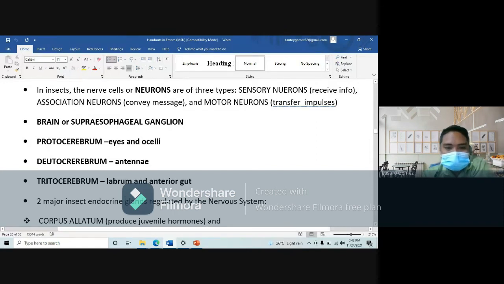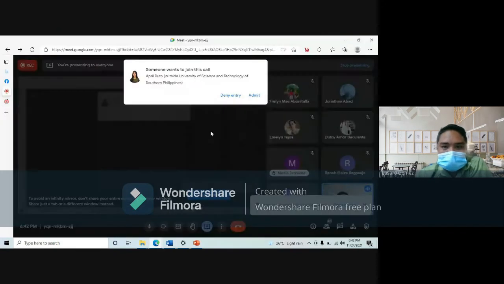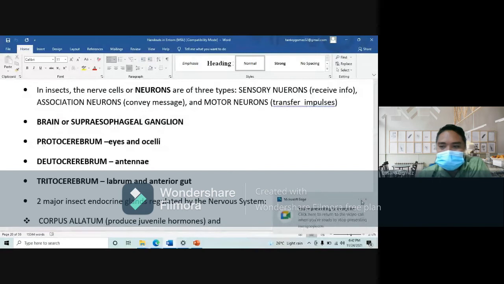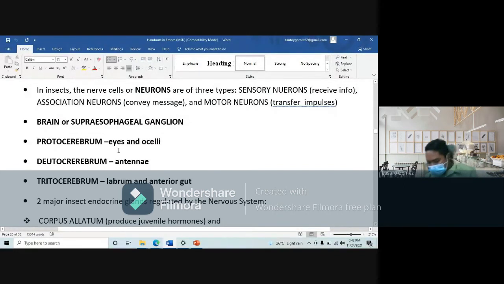Okay, the other one also is the tritocerebrum, where this cerebrum is located at its labrum and its anterior gut. So there are three registrations, three things registered, which is why the insect can easily fly away, especially the mosquito.